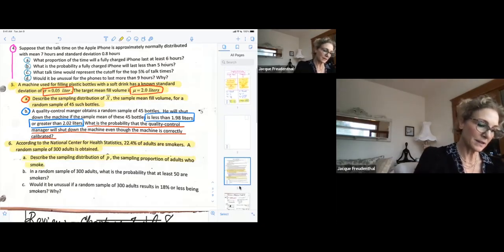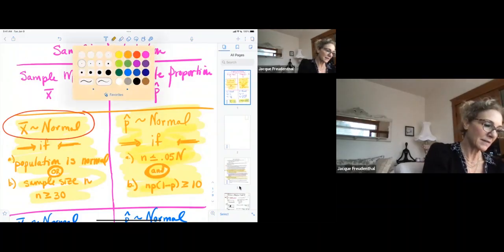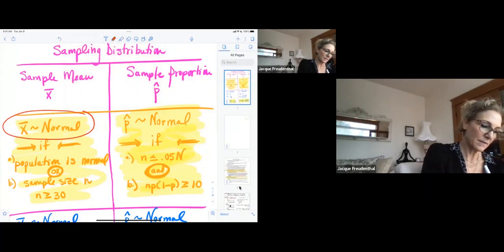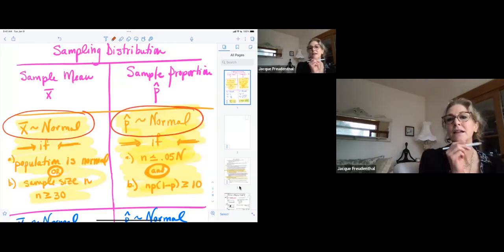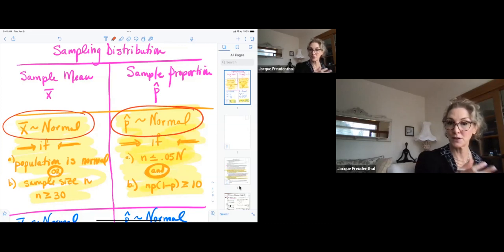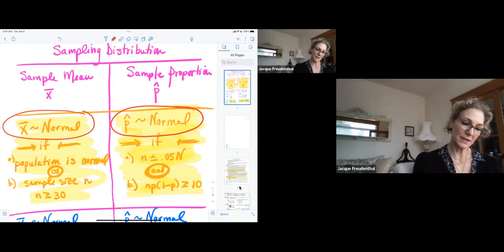So we're going to go back up to our little diagram, and we know that we're looking at the sample proportion. So we need to check the normality, and we have to have both of these characteristics met. The sample size has to be smaller than 5% of the population, and n times p times 1 minus p has to be greater than or equal to 10.